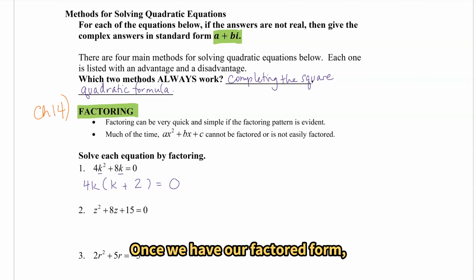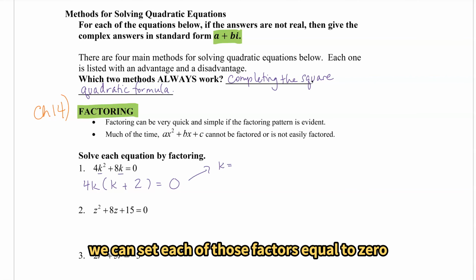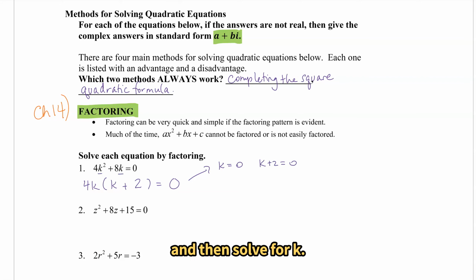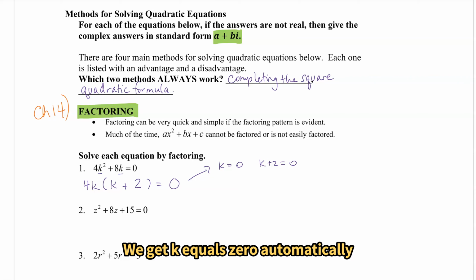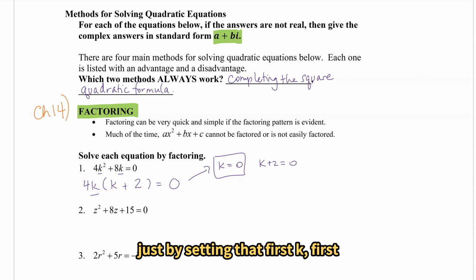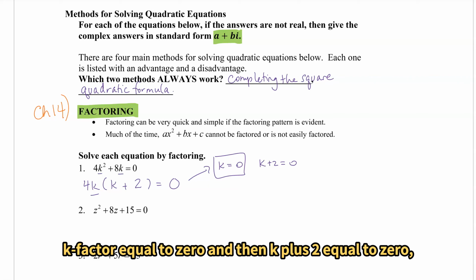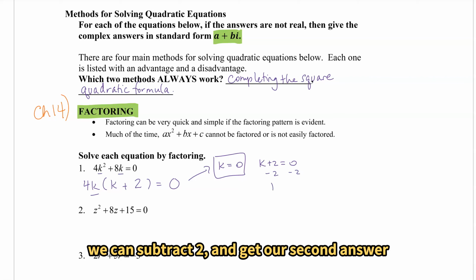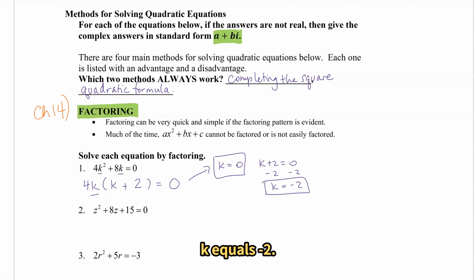Once we have our factored form, we can set each of those factors equal to 0 and then solve for k. We get k equals 0 automatically just by setting that first k factor equal to 0. And then k plus 2 equal to 0, we can subtract 2 and get our second answer, k equals negative 2.